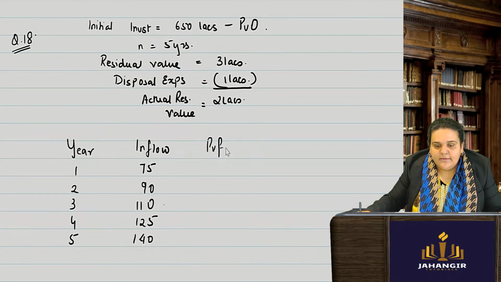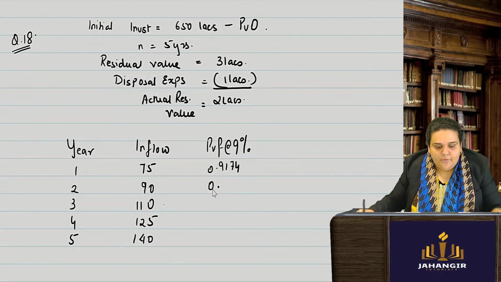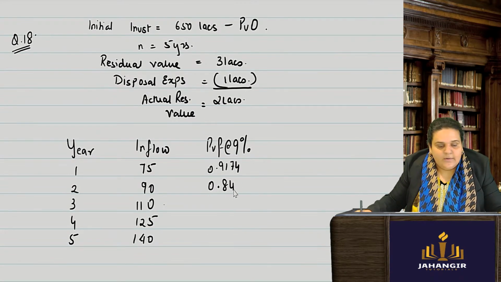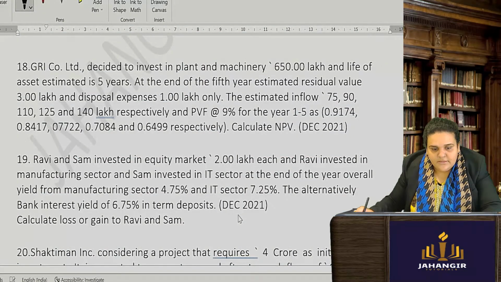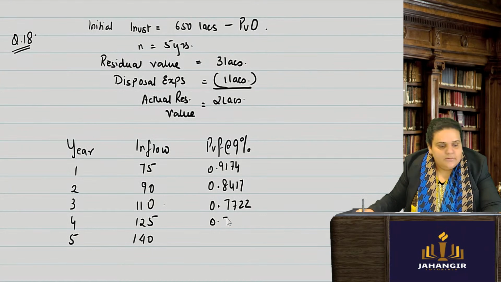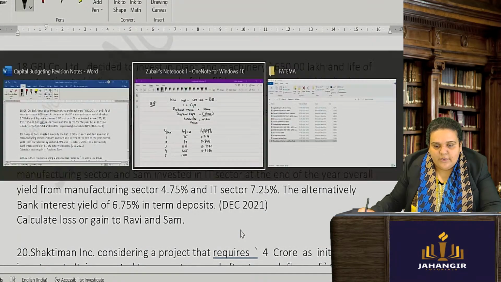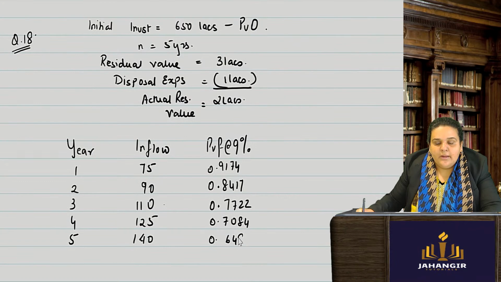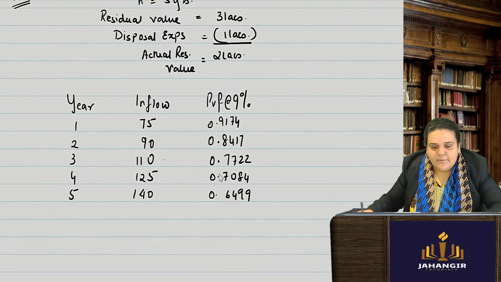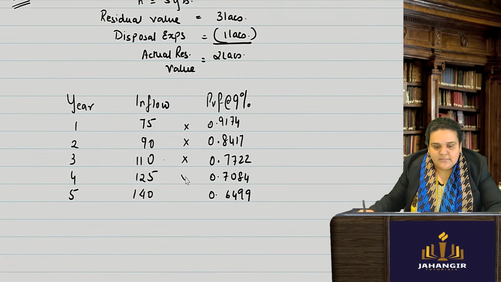PV factor at the rate of 9% they have calculated for each year and given it to me. 0.9174, 0.8417, 0.7722, it's given, and then 0.7084. Okay, and the last year is 0.6499. I have to just multiply my inflow with the PV factor, discounted factor.